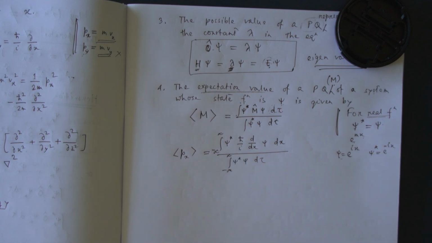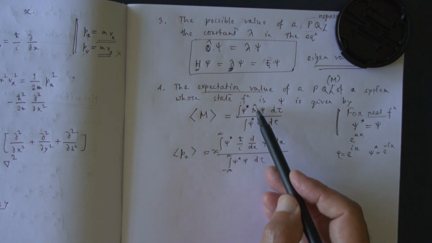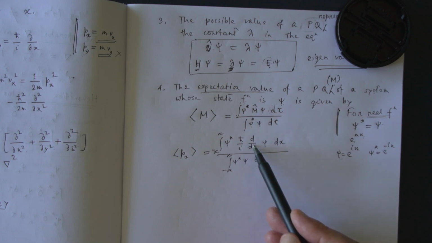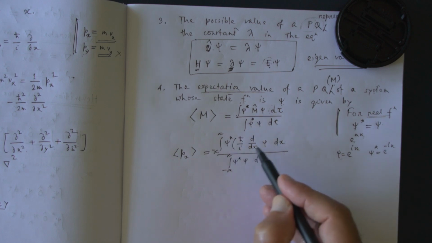This is the physical quantity, momentum. So what is the operator for momentum? The operator for momentum is h bar by i d by dx.